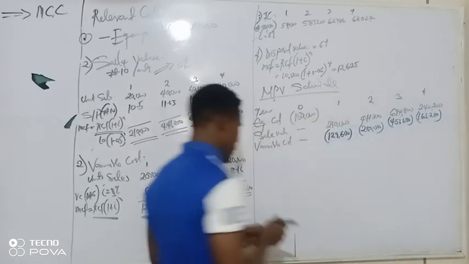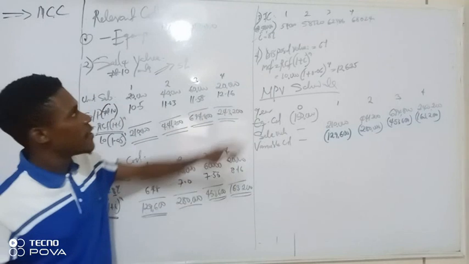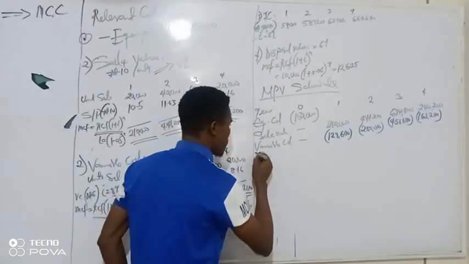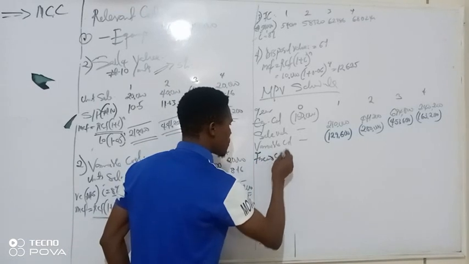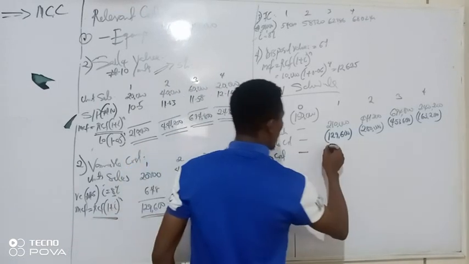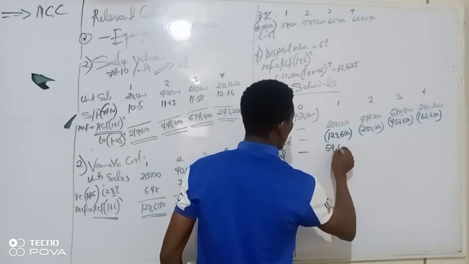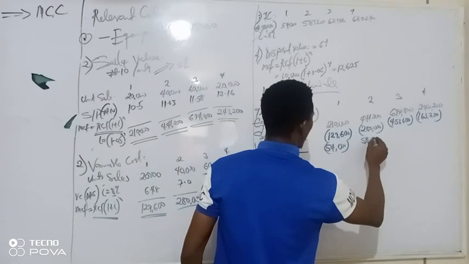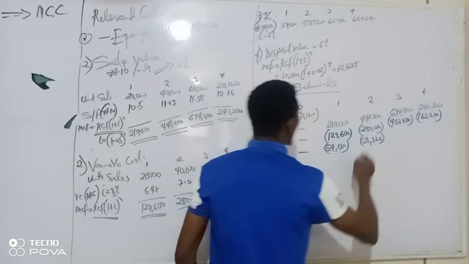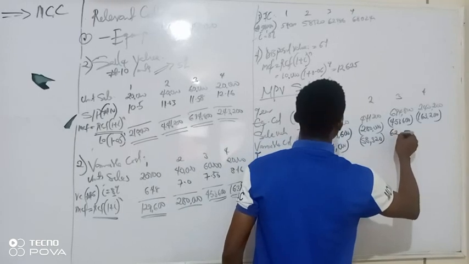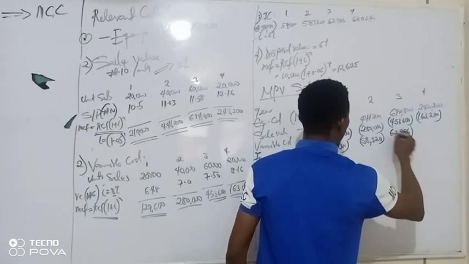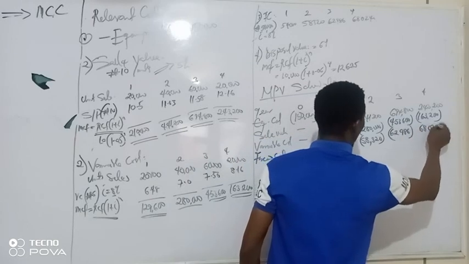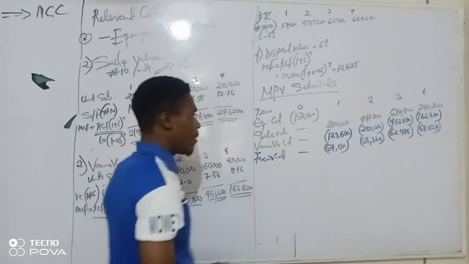What next? Our fixed cost. Am I communicating now? Yes. Our fixed cost: what do we have? 54,000 naira, followed by 58,320, followed by 62,986, and followed by 68,024.